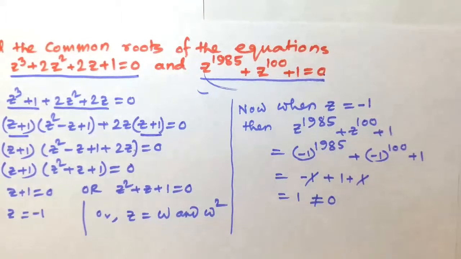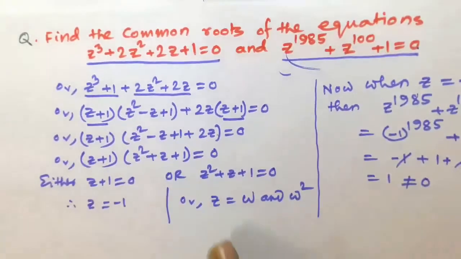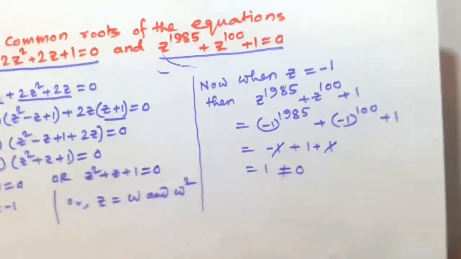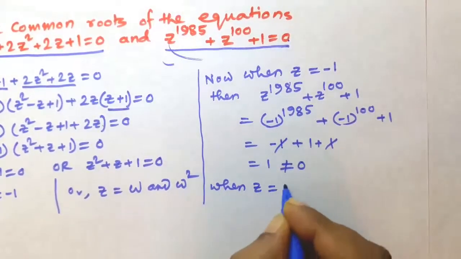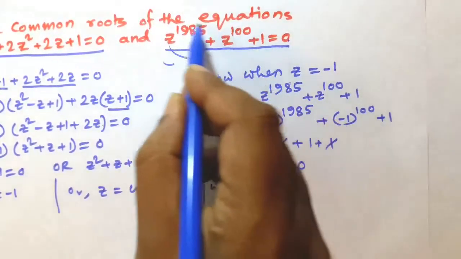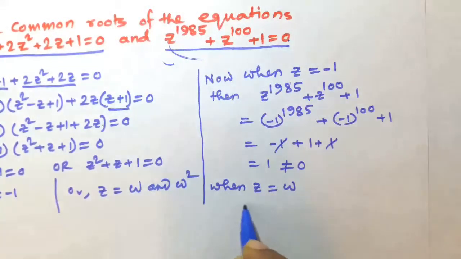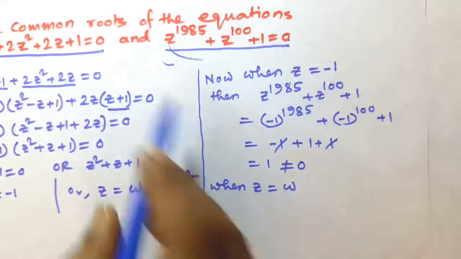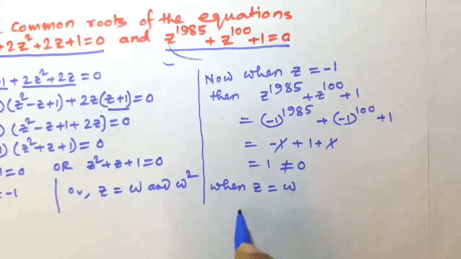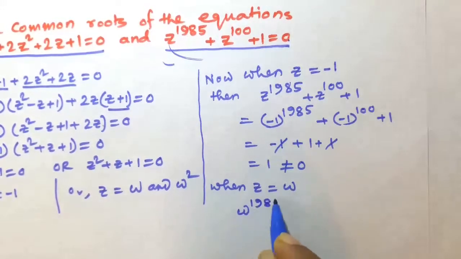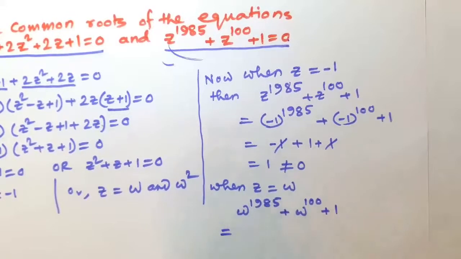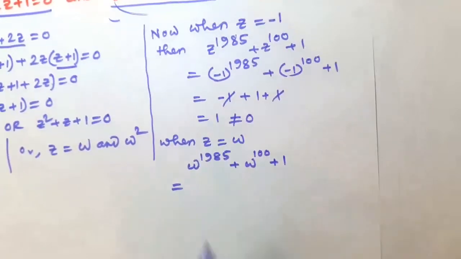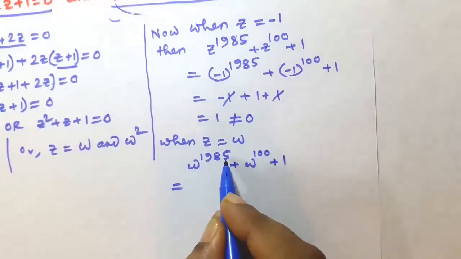Now we check with the second root of the first one, that is z is equal to omega. When z is equal to omega, then the LHS of the second equation, z to the power 1985, replace the z by omega. So omega to the power 1985 plus omega to the power 100 plus 1 is equal to, what will be omega to the power 1985?